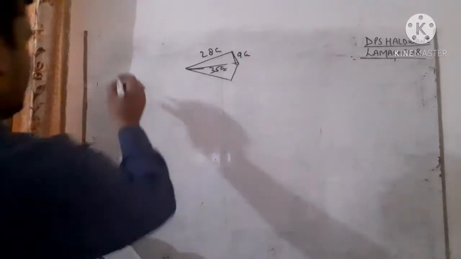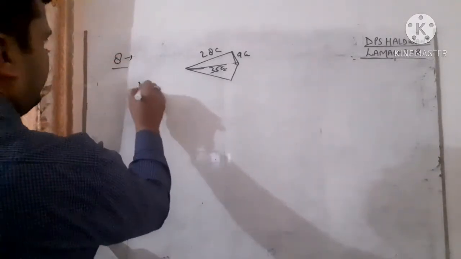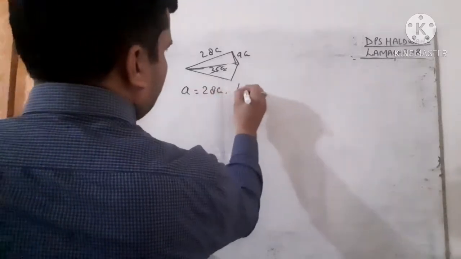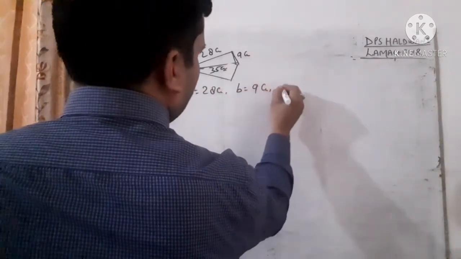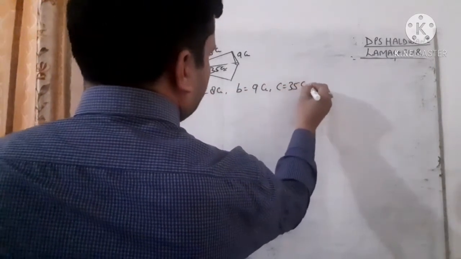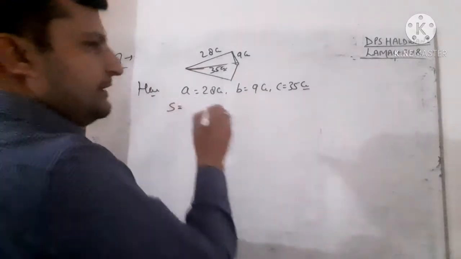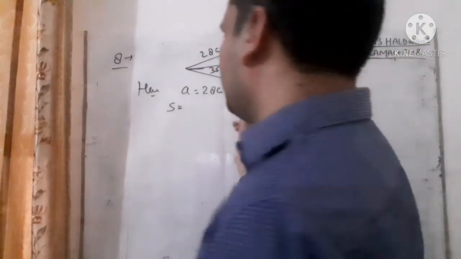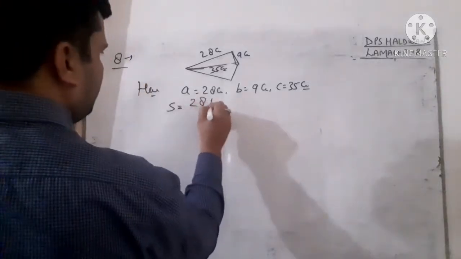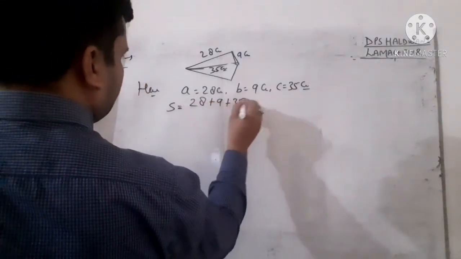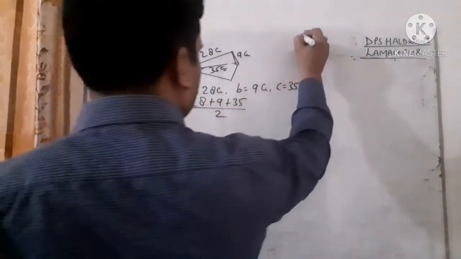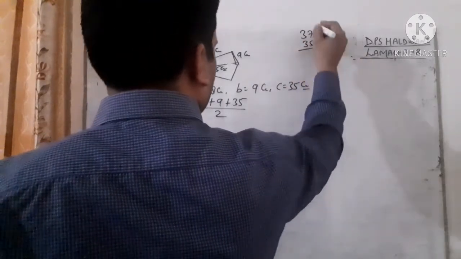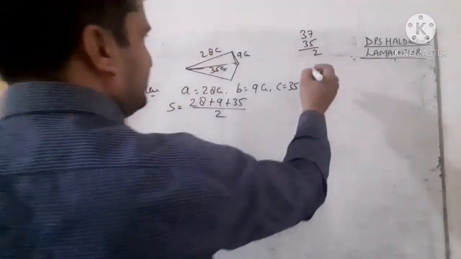Now this is question number 8. Here it is given that A is equal to 28 centimeter, B is equal to 9 centimeter and C is equal to 35 centimeter. So students, for Heron's formula, we need S. S is equal to A plus B plus C by 2. This is 28 plus 9 plus 35 upon 2. 28 and 9 is 37, plus 35 is 72.